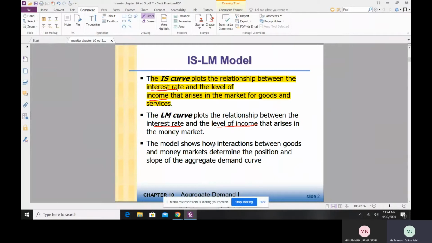So the ISLM model together shows the interaction between goods and money markets and how that determines the position and slope of the aggregate demand curve. Okay, so with the help of this ISLM model, we will actually derive the aggregate demand curve. Unfortunately, ये जो derivation है aggregate demand curve की, ये हम अगले chapter में पढ़ेंगे. इस chapter में we are only going to focus on developing this ISLM model.